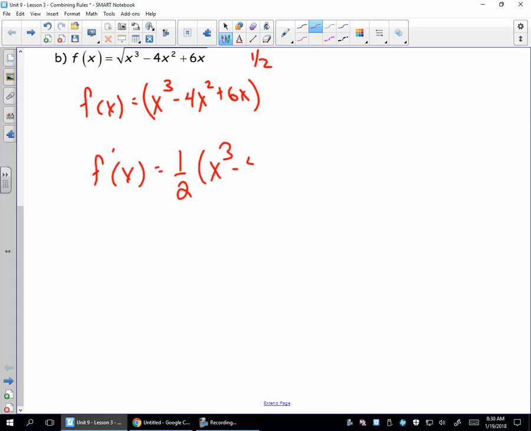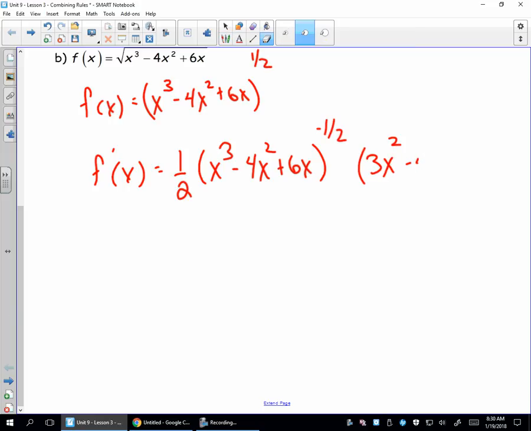My base stays the same. My exponent, I subtract 1, and 1/2 minus 1 gives us a negative half times the derivative of the base. 3x squared minus, oops, not to be an 8 there. 8x plus 6.